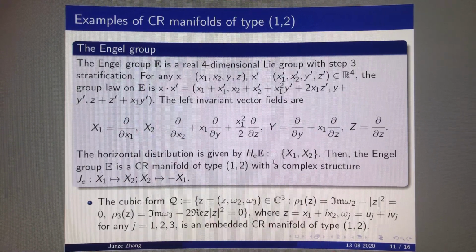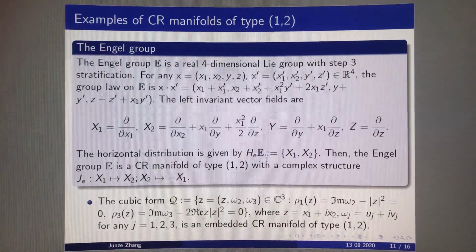and we want to show that this horizontal distribution can be complexified. So we choose an almost complex structure defined by x1 mapping to x2 and x2 mapping to minus x1. Also by simple calculation, we can see that the Nijenhuis tensor is equal to 0 on the horizontal distribution like this.